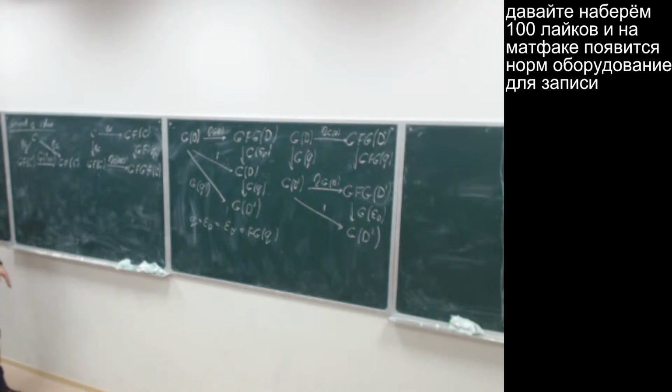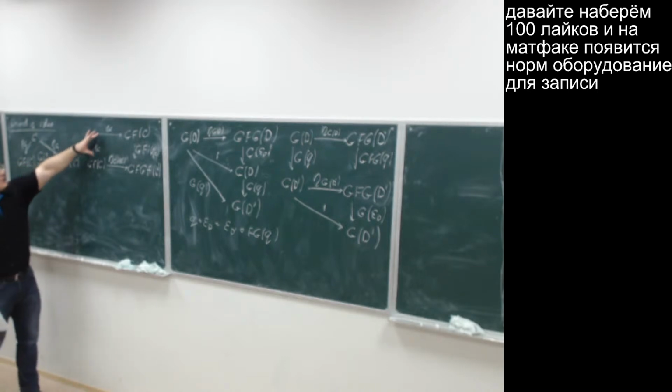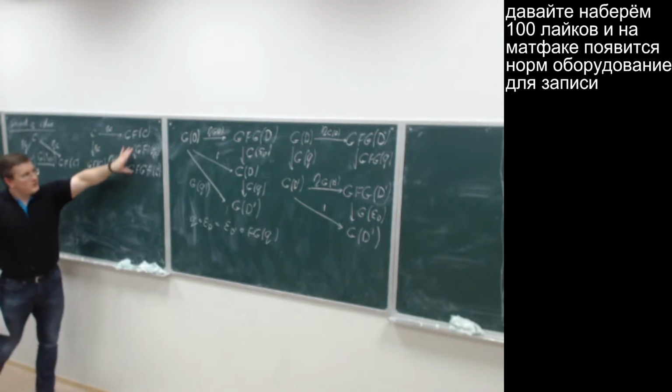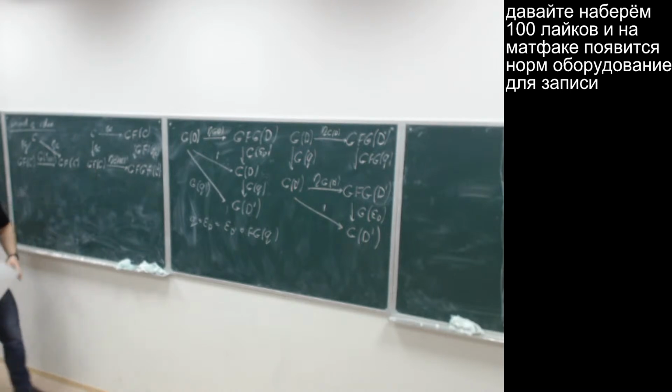Yes, so I think now this works. So this is the map, and this is the natural transformation. We want to apply this natural transformation to the map itself. So this is the given map, this is the result of GF applied to this map, and this is the eta on this object. Okay, this is much better.